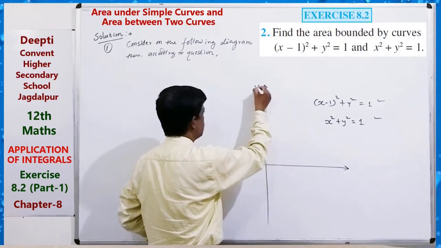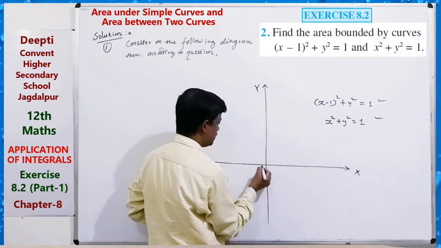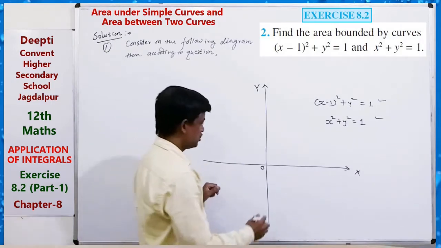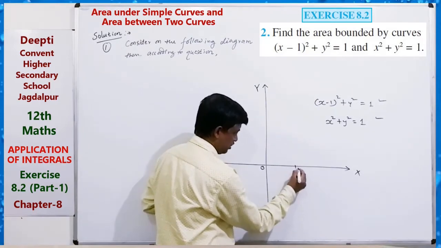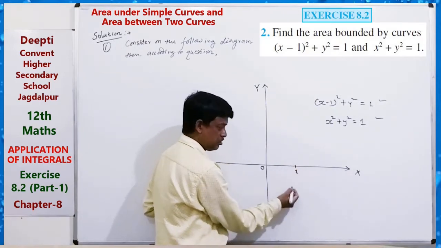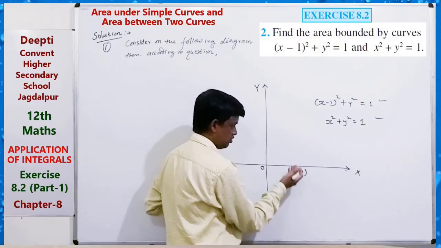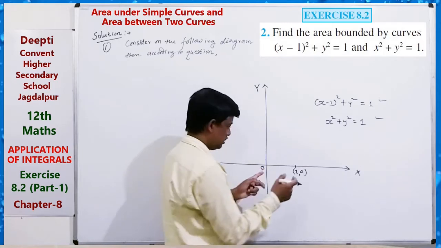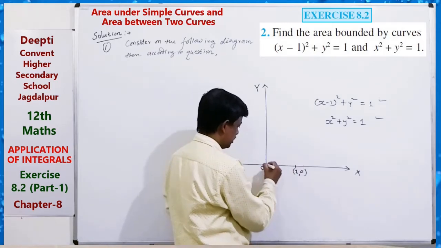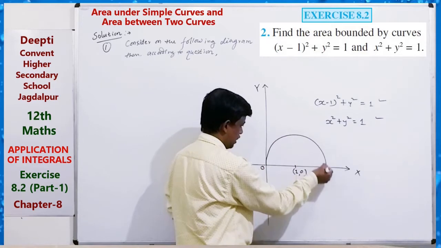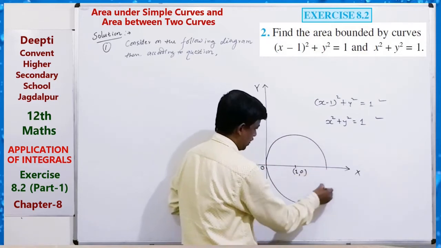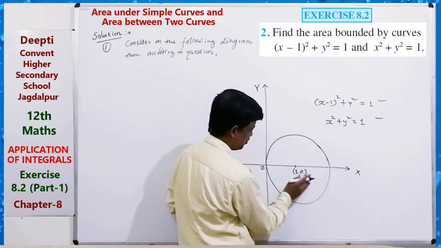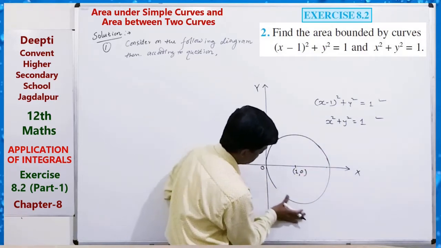The center is 1, 0 and the radius is also 1. So a circle like this, of radius 1. Clear? This is the circle.